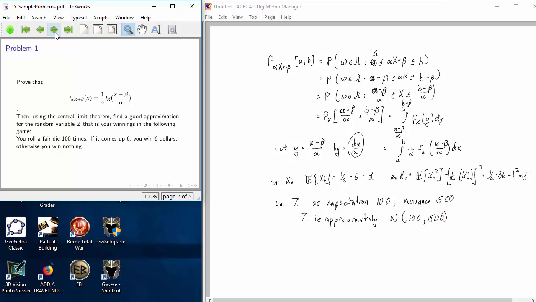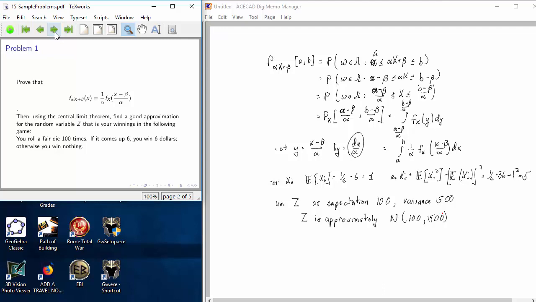If you add together a large number of random variables, all with the same distribution, then you get a distribution with a variance that's the sum of the variances, an expectation that's the sum of the expectations, and it's approximately a normal distribution.